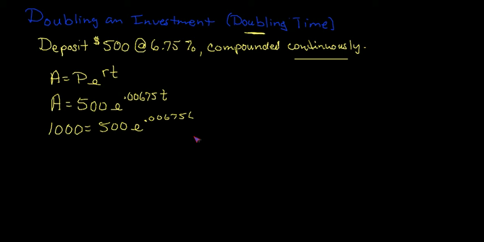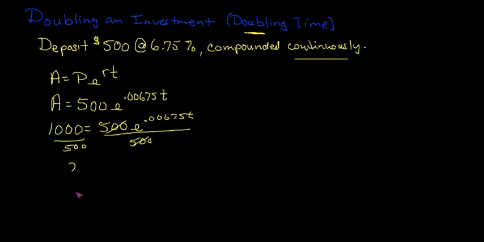Alright, again, looks a little involved, but not really. Since the t is what we want to solve, and the t is involved as an exponent with the e, we've got to get rid of this 500. So pretty simple. We just divide both sides by 500, so we're back to isolating. The 500 cancels on the right side, and the left side turns into a 2.